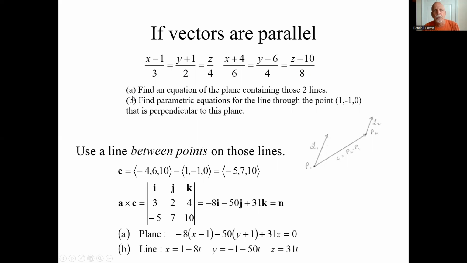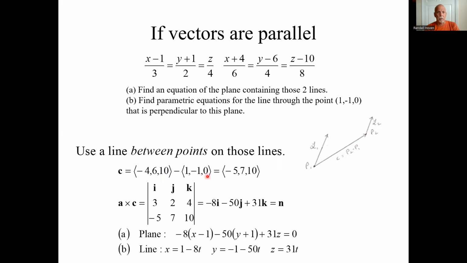So what do I do if I'm asked for this? First, find the equation of a plane that contains those 2 lines. Well, I can't just cross those 2 vectors, but what I can do is find another vector that's not parallel to those guys by taking the difference between 2 points along those lines. I get the points from the numerators. I'm going to have -4, 6, 10 as 1 point, and 1, -1, 0 as another point.